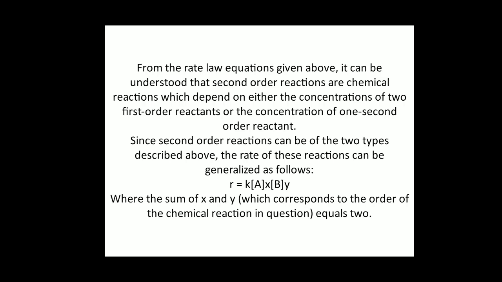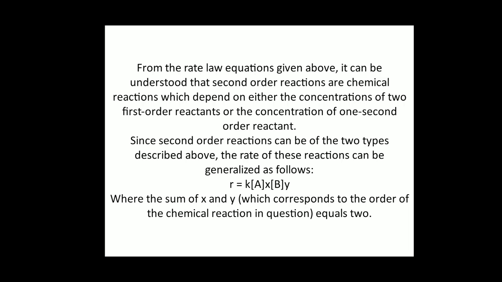From the rate law equations given above, it can be understood that second order reactions are chemical reactions which depend on either the concentration of two first order reactants or the concentration of one second order reactant.